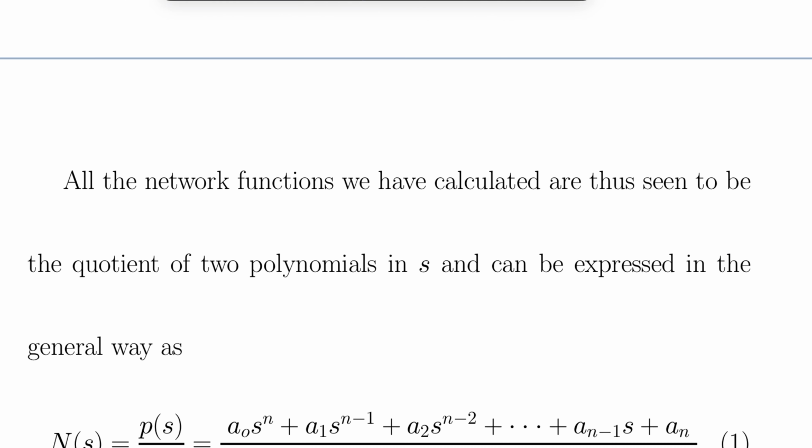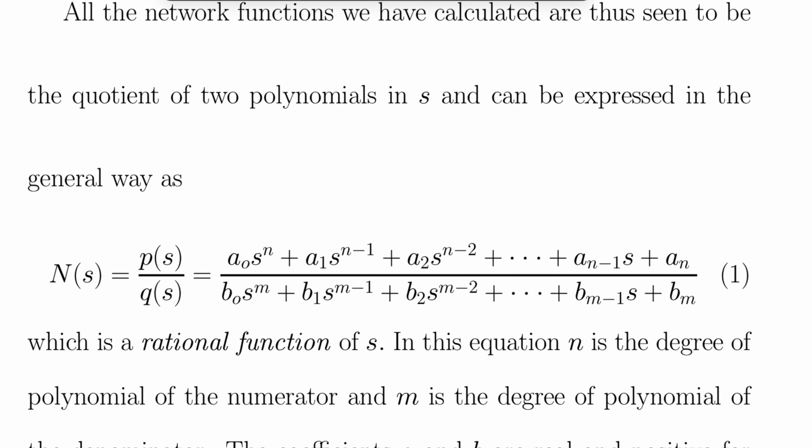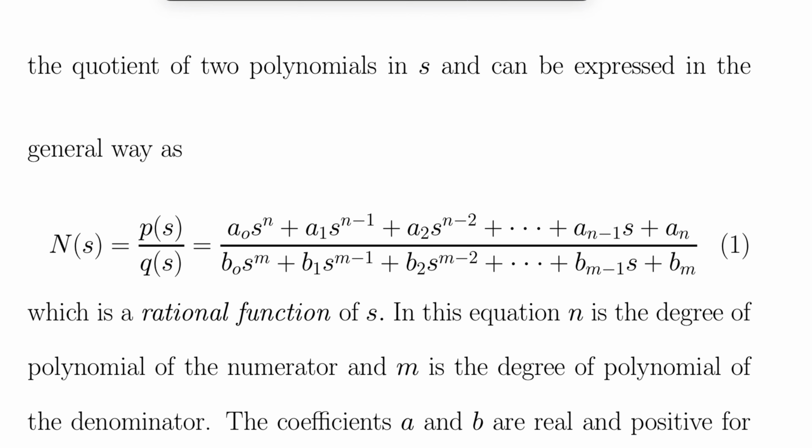So all the network functions we have calculated are thus seen to be the quotient of two polynomials in S and can be expressed in the general way as Ns is Ps upon Qs equal to A naught s to the power n plus A1 s to the power n minus 1 plus A2 s to the power n minus 2 plus ... plus An minus 1 s plus An, divided by B naught s to the power m plus B1 s to the power m minus 1 plus B2 s to the power m minus 2 plus ... plus Bm minus 1 s plus Bm, which is a rational function of S. In this equation 1, n is the degree of the polynomial of the numerator and m is the degree of the polynomial of the denominator.